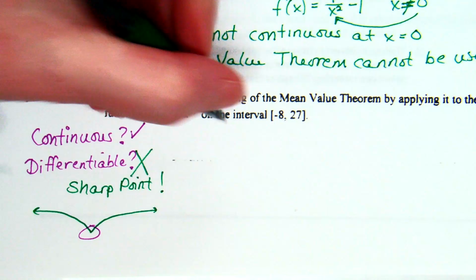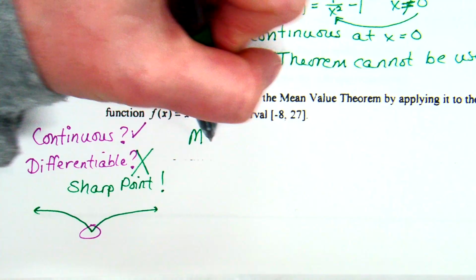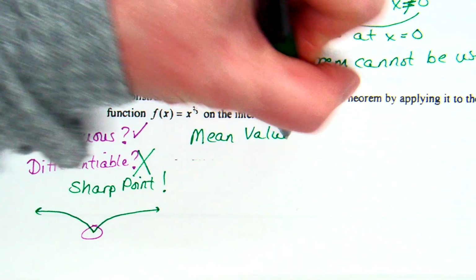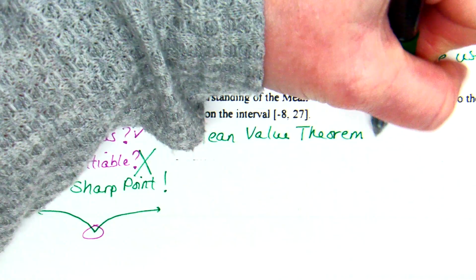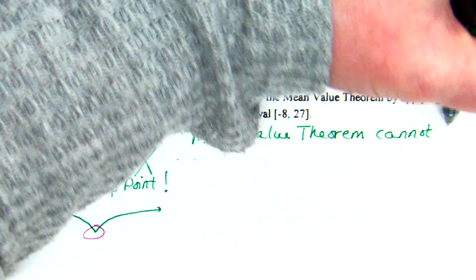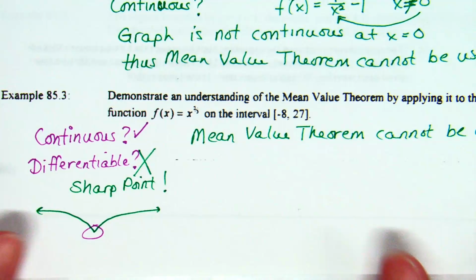So, mean value theorem cannot be used. And keep in mind, mean value theorem cannot be used specifically where?